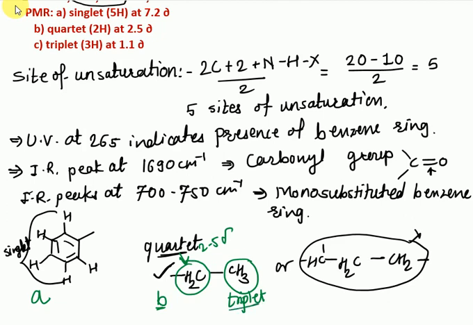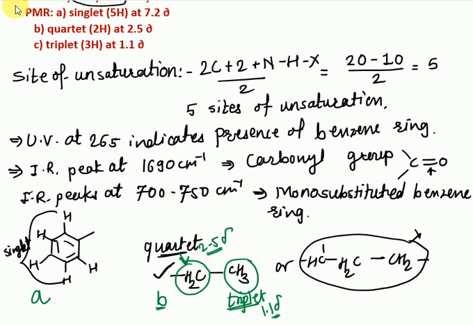So this hydrogen shows the triplet at 1.1 delta value. And if we see the quartet of this CH2 group, this value is quite de-shielded, that is 2.5. So the carbonyl group must be in between this benzene ring and this ethyl group.